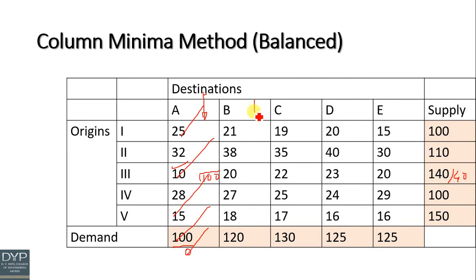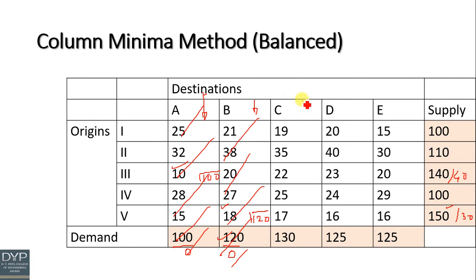Go to the next column, which is B. In this, find the column minima, that is 18. Assign the minimum of 120 and 150, so that is 120. Here the column is also fulfilled, so remove that, and the supply remaining is 30.